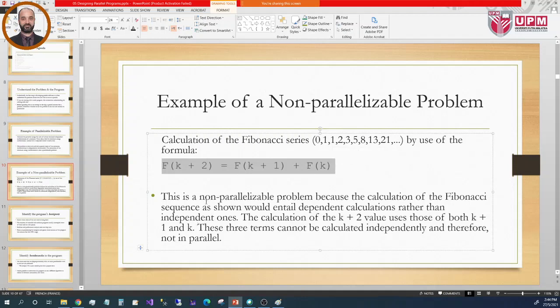This is a non-parallelizable problem because the calculation of the Fibonacci sequence as shown entails dependent calculation. Why? Because the third is dependent on the first and second, and the fourth is dependent on the second and third. That's why we cannot calculate it in parallel.